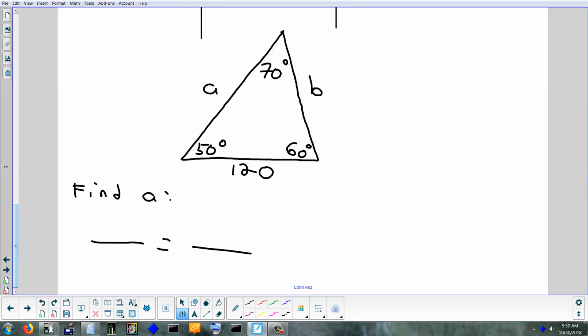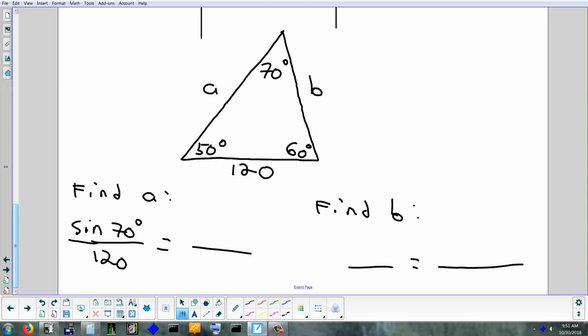Start with the row that's complete, if you were to write that as a table. Sine of what? 70, yep. Over 120. In fact, when we find B, we're going to start with that same thing.